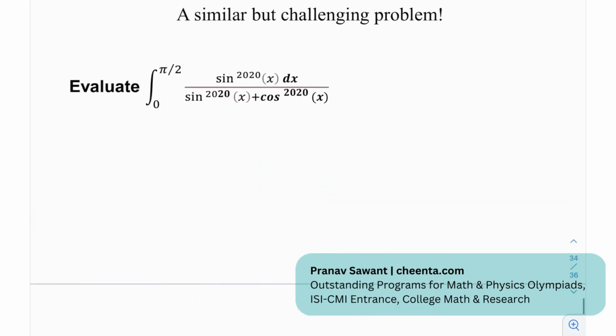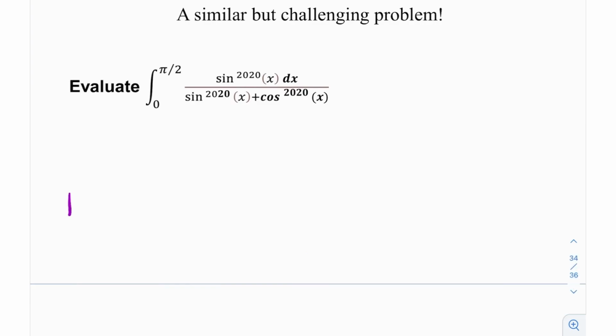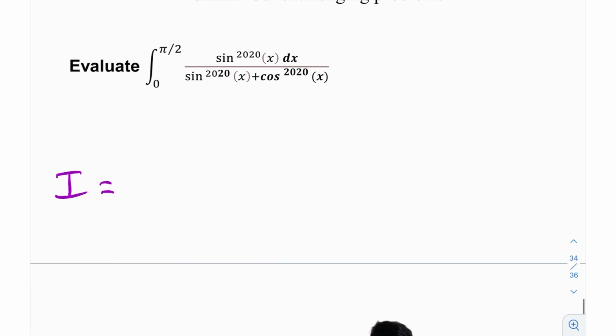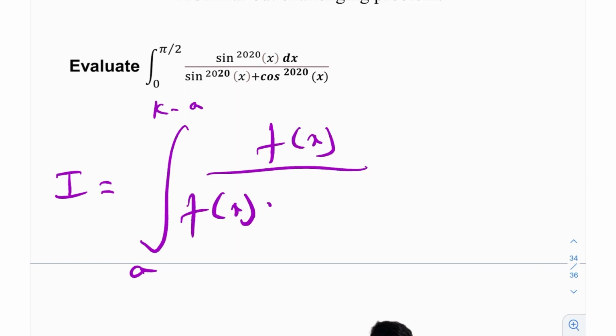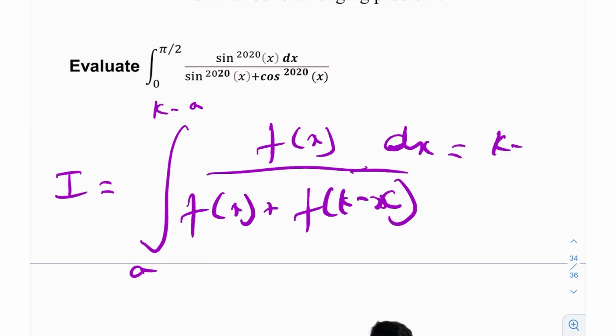Okay, so at the end, the same level challenging problem. Now again, you need to use the general framework of I. If I were to just remind you, I was nothing but the integral from a to k minus a of f of x divided by f of x plus f of k minus x dx, which is equal to (k minus 2a) by 2.